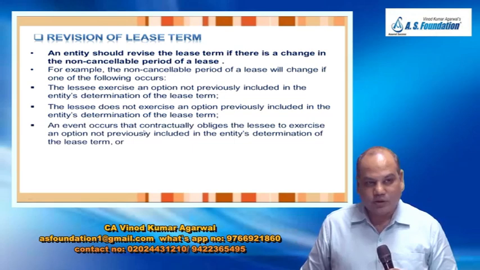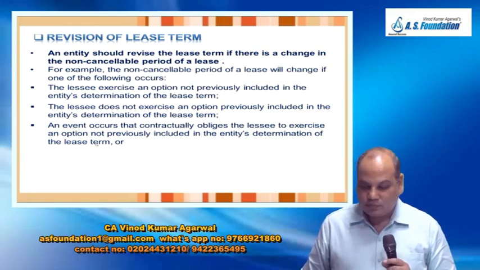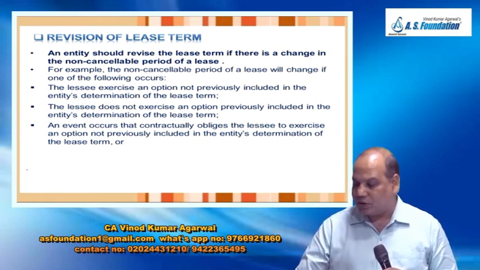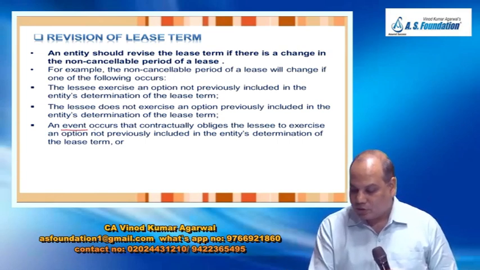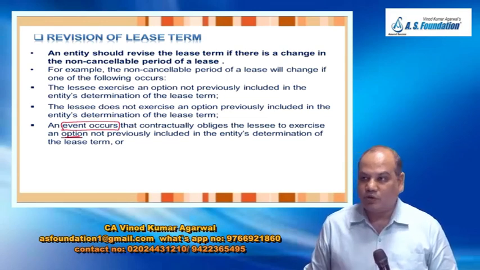An event occurs that contractually obliges the lessee to exercise an option not previously included in the determination of the lease term. The contract may specify some event, and because of that, you may have to exercise the option.